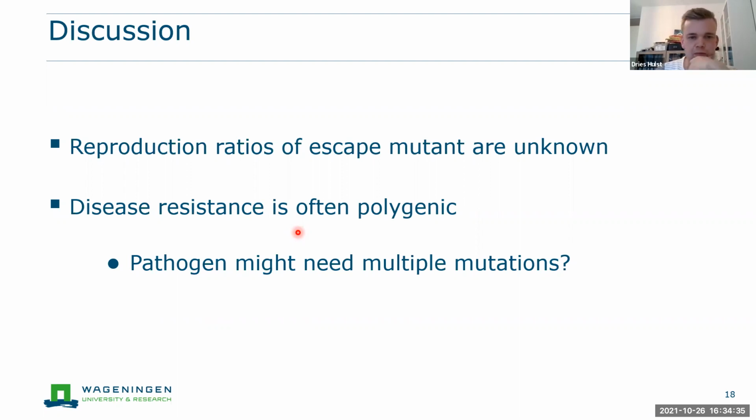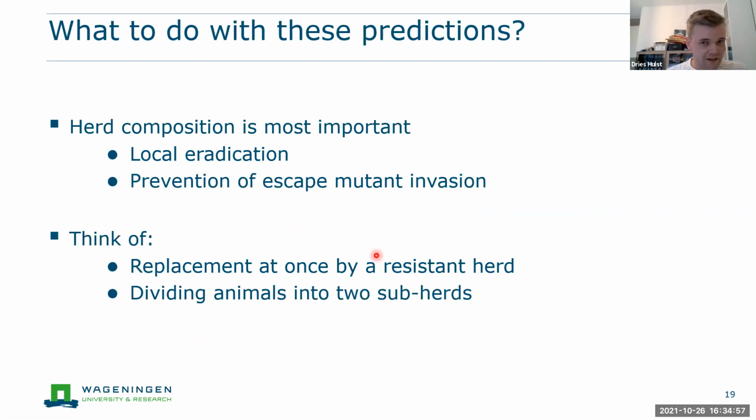And that would probably make it more difficult for pathogens to adapt to genetically selected hosts. And that would, of course, be nice, because that means that it's more difficult for pathogens to develop mutants that can infect resistant hosts. And probably the most important question: what to do with these results.